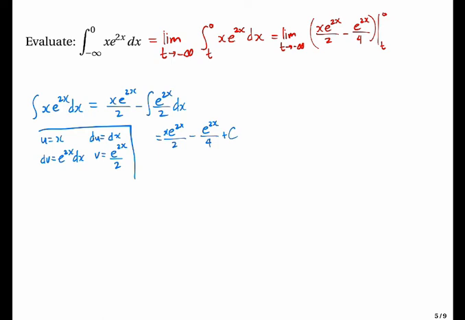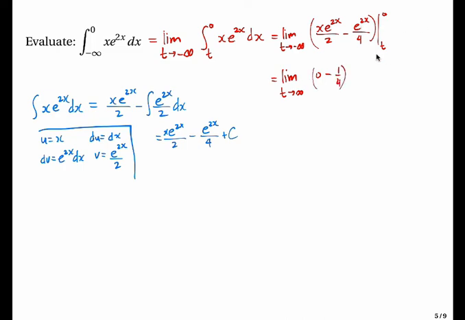After evaluating at 0, this guy here will be 0 times e to the 0, which is already 0. Then minus, at 0 you have e to the 0, so that's minus 1/4.